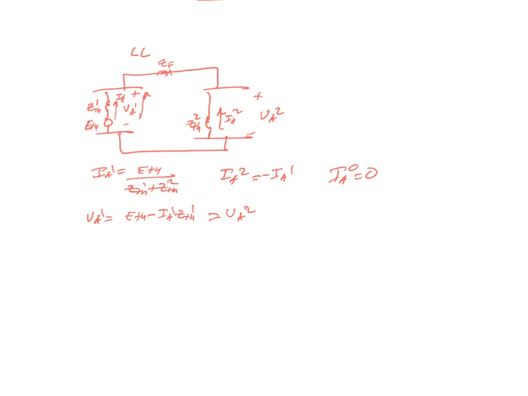Let's look at the last fault, which is a line-to-line to ground. So double line to ground fault, same idea. This is E Thevenin at the bus. This is Z Thevenin of the positive sequence. This is plus to minus VA1. This current value is IA1.